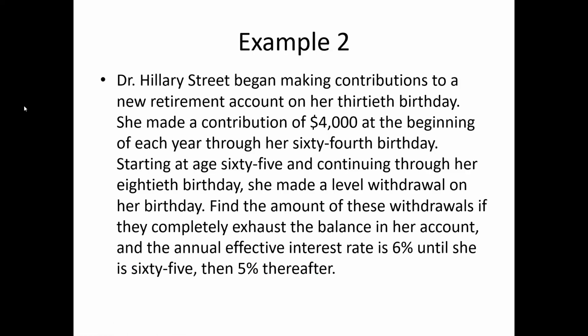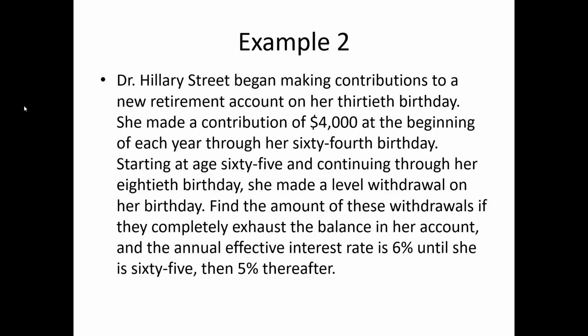This is a little bit complicated. Dr. Hillary Street began making contributions to a new retirement account on her 30th birthday. She made a contribution of $4,000 at the beginning of each year through her 64th birthday.